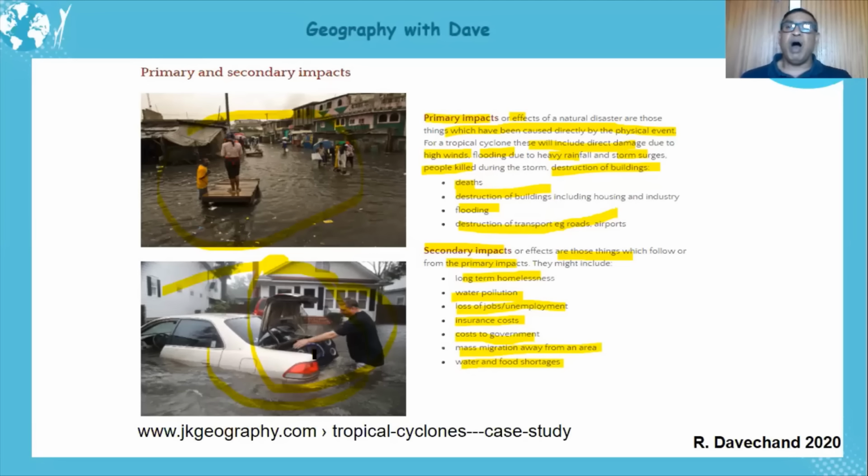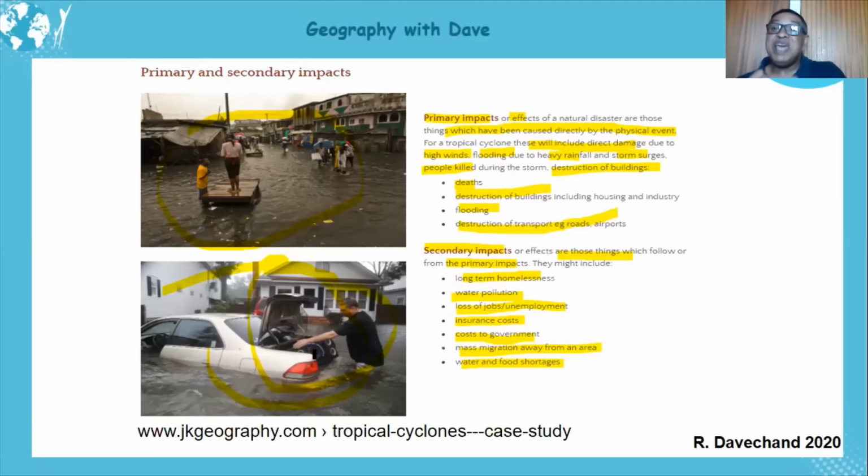And that is why we need to look at some precautions. Things like, number one, when the storm is going to hit an area, we move the people to higher ground. Why higher ground? Because the impact will be less at higher ground. All right, what else can we do to overcome this?